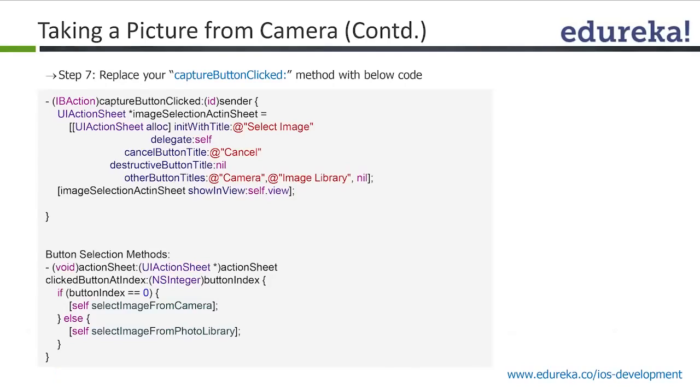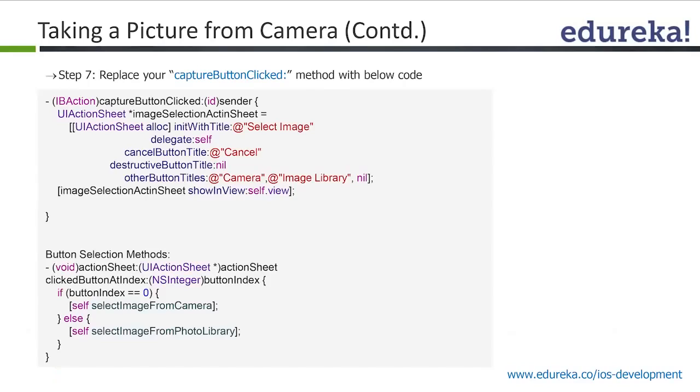These two buttons and a third button with the title cancel will be created on the screen. Whenever a user clicks on any of them, a delegate method will be called, that is nothing but clickedButtonAtIndex. Based on the button index, you will be able to know which button he has clicked, and you have to write code accordingly.